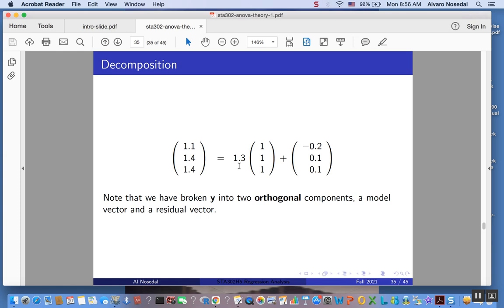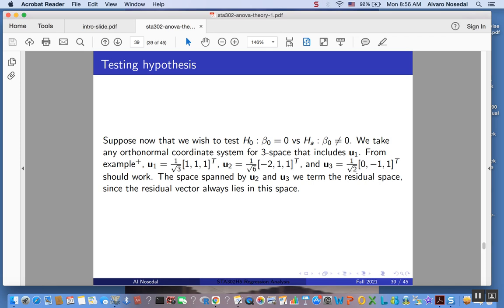That discussion will prove very useful. So now let's talk about this problem using ideas from what we did before when we talked about orthonormal bases.